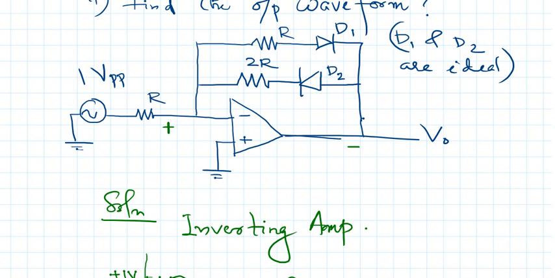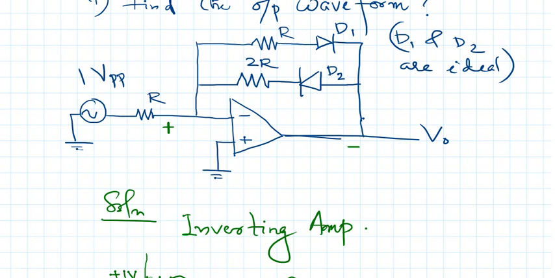When the output is negative, then the diode D1 is forward bias and D2 is reverse bias, isn't it? This is positive and this is negative. Then D2 is in reverse bias, D2 is open circuit, and D1 is forward bias. That means it will act as a closed switch.